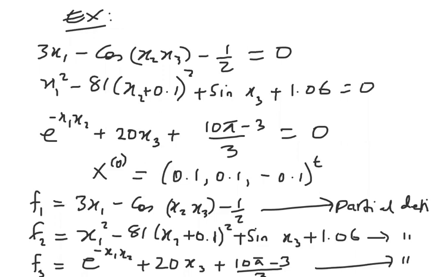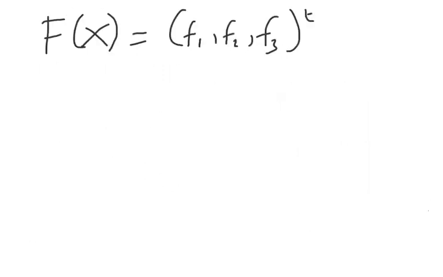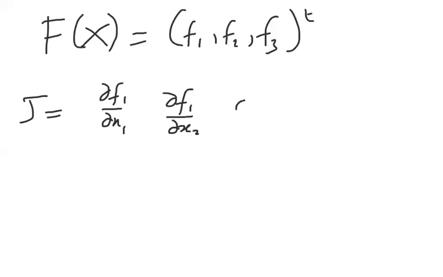So in this case, the Jacobian matrix will be given by partial of f1 with respect to x1, partial of f1 with respect to x2, and partial of f1 with respect to x3. And then we'll move on to f2.